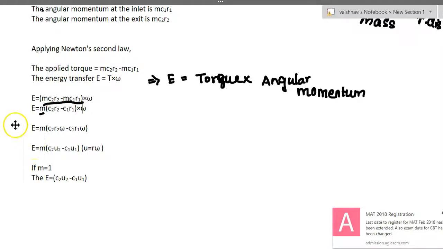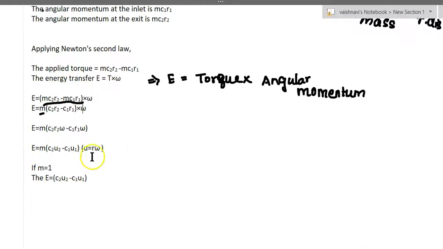Now E is equal to, we know that the velocity u is equal to r omega. This velocity is the tangential velocity. Now we'll substitute it here: instead of r2 omega, we'll substitute u2.